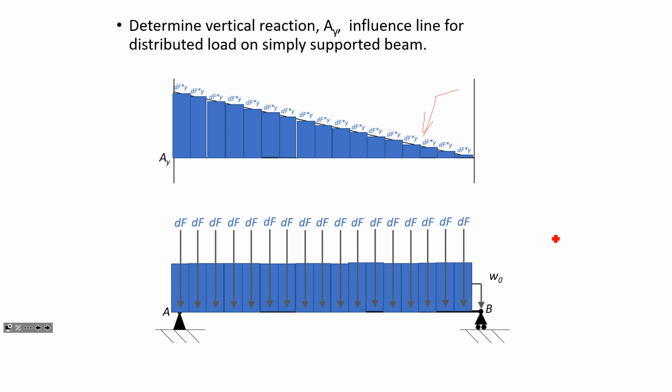That looks like area under the AY influence line. Again, my values that I'm adding are the same, but their influence on the vertical reaction A decreases as X increases.